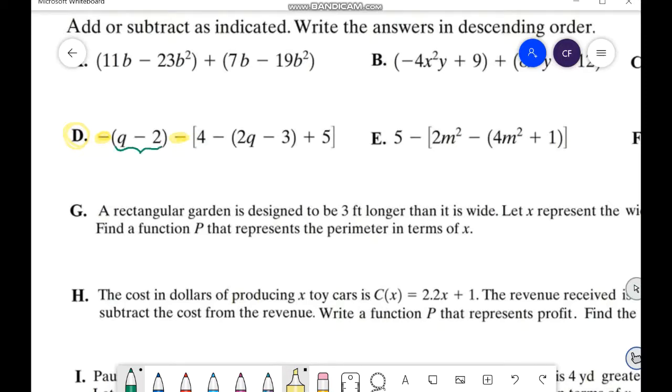So let's write this one as the opposite, negative Q plus 2. And let's write this whole thing as the opposite, plus, and this is going to be negative 4. And this one is negative, becomes a positive 2Q minus 3. And this is a positive 5, becomes a negative.